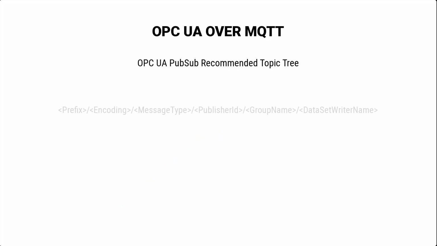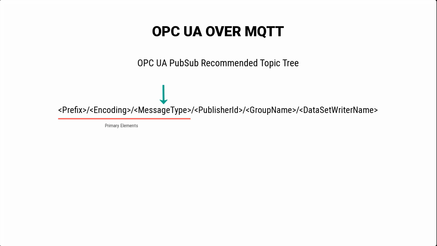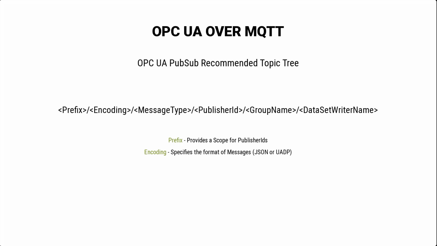Here is what the recommended OPC UA over MQTT topic tree looks like. It consists of a prefix, encoding, and message type, which are the primary elements of the topic tree. The prefix is system defined, and it provides a scope for the publisher IDs. Encoding specifies the format of messages in the topic, and the message type specifies the content of the messages published by the subtopics.